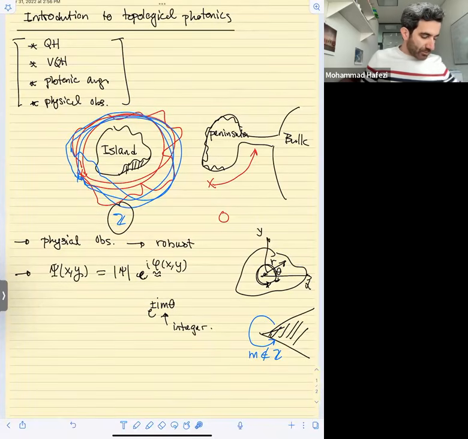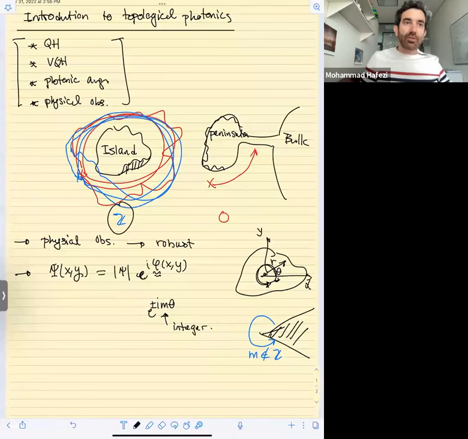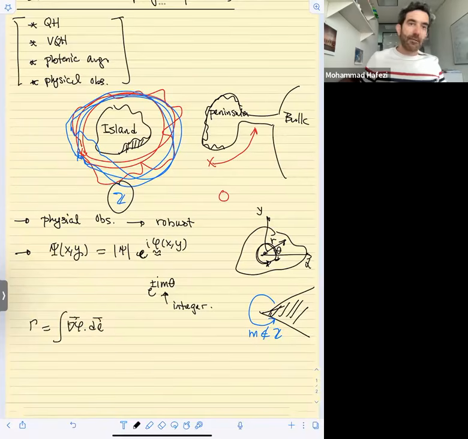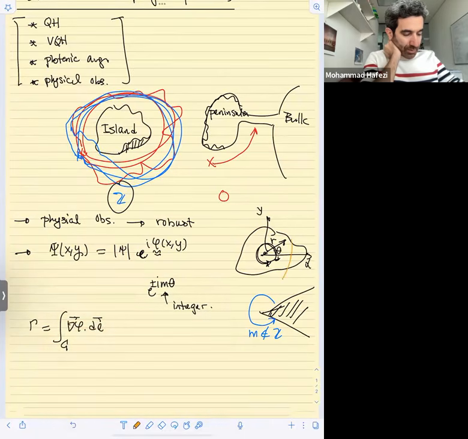So now, when you have such a wave function, then you can define the circulation, basically that phase, this guy, around some closed loop. So I have my wave function, it winds around itself. I define a loop, I call it C, and I add the phase of this wave function when I go around this loop.